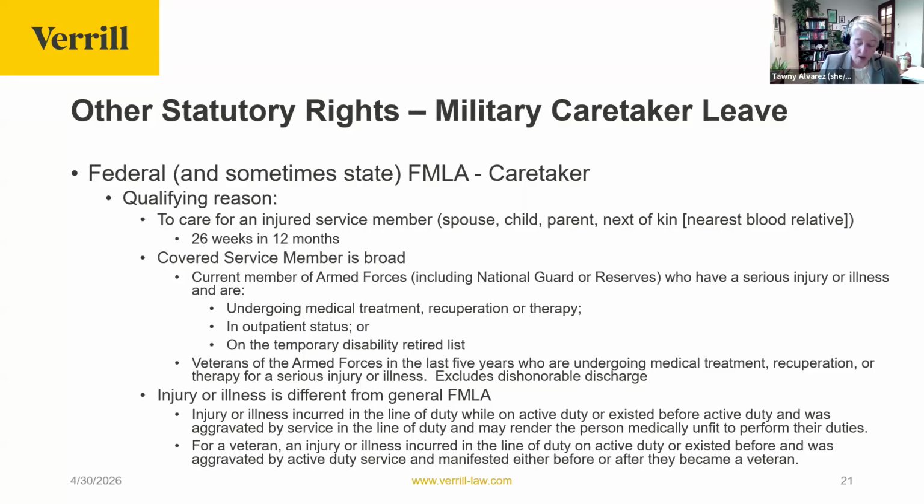An employer in this situation can seek authentication and clarification of documents, the FMLA form itself, but they generally cannot seek recertification or a second or a third opinion.